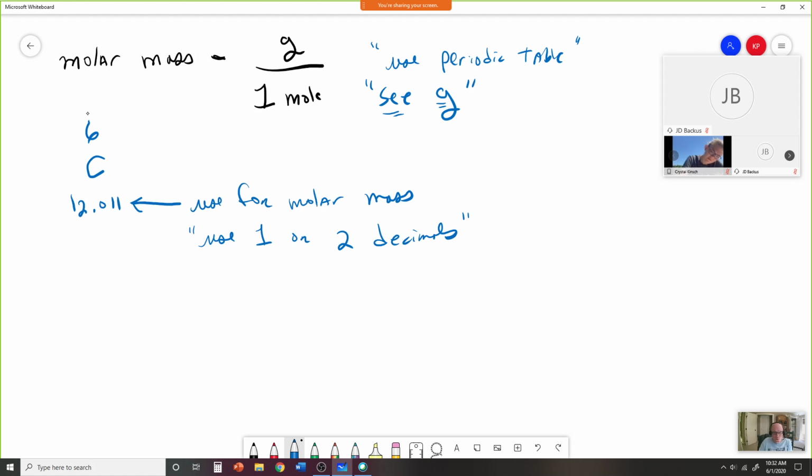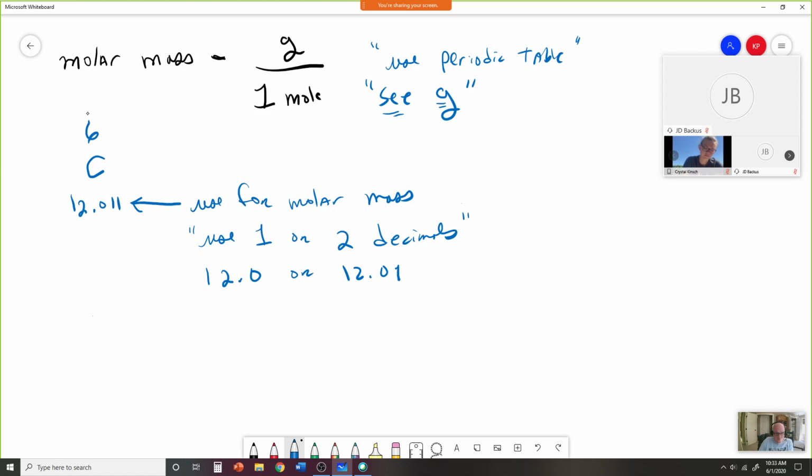In other words, you want to use 12.0 or 12.01. Usually I just use one decimal, 12.0. If you use 12.01, you're okay. If you use 12.011, you're okay. But you want to use at least 1 decimal.